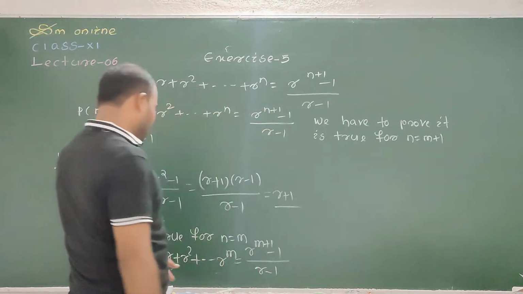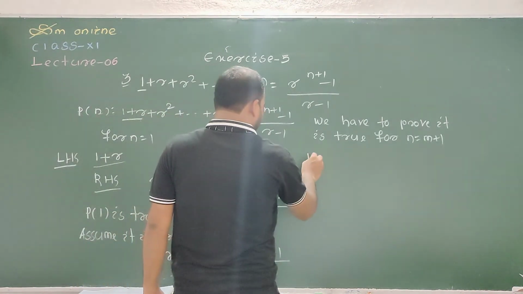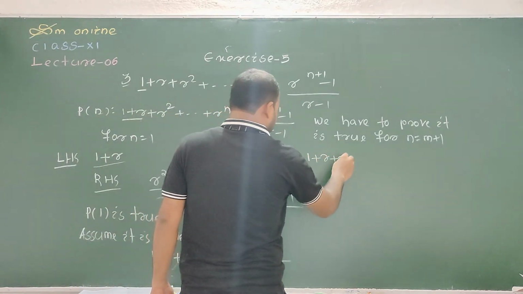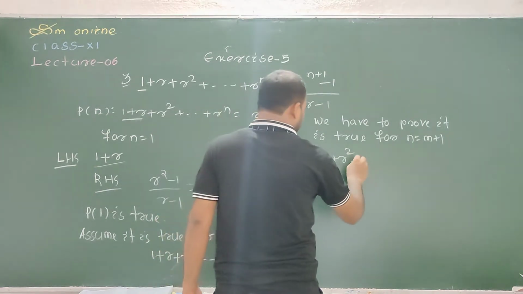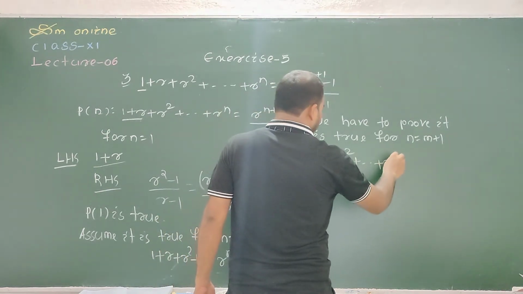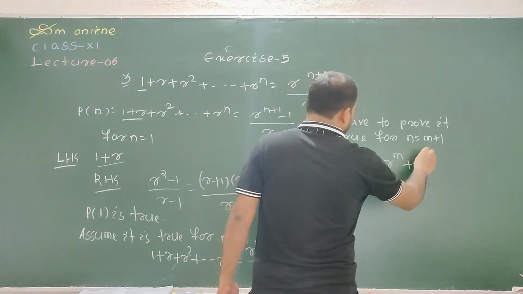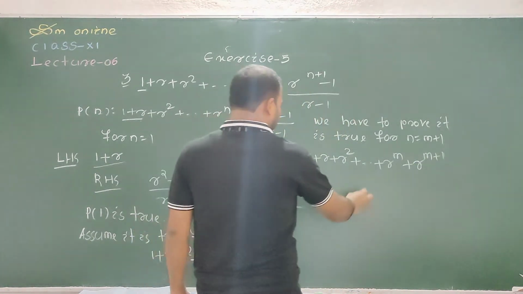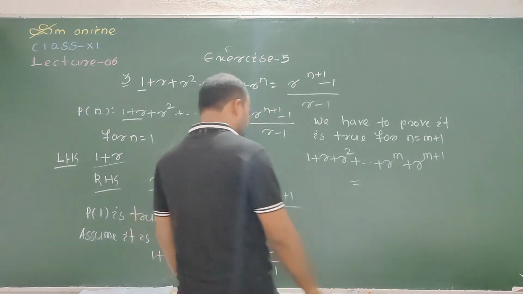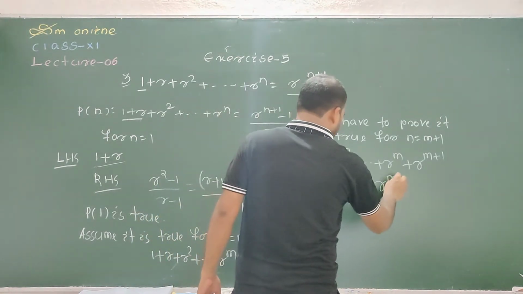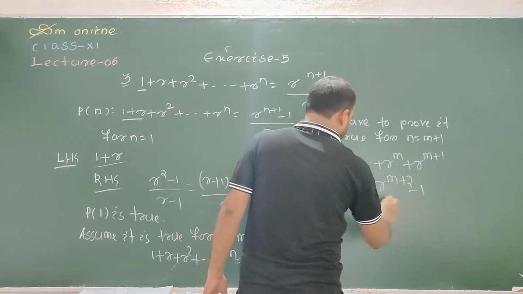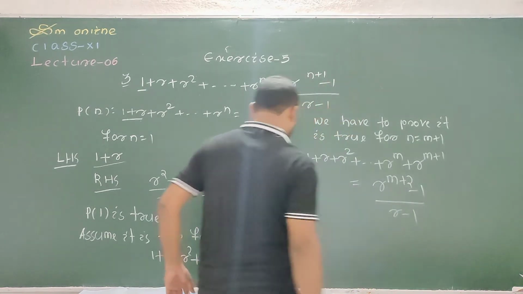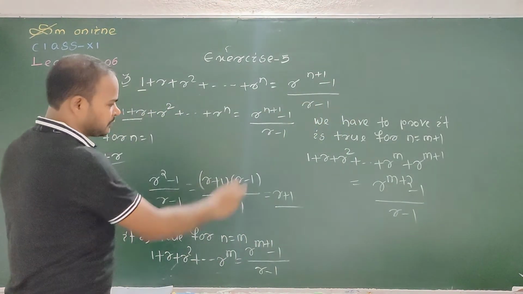So for this we have to prove what? This is 1 plus r square plus r to the power m plus r to the power m plus 1 equal to what? This is r to the power m plus 2 minus 1 upon r minus 1. We have to prove this one.